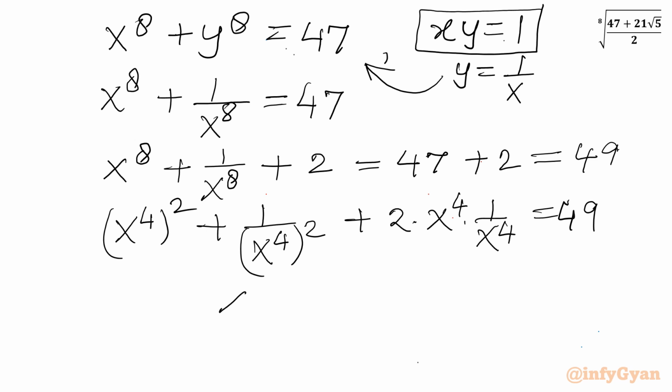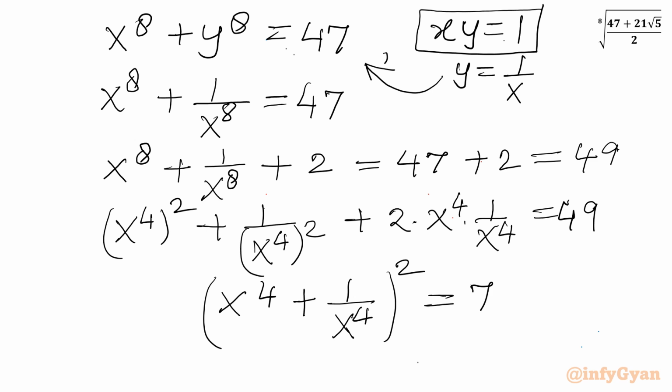So I can write the left hand side as (x^4 + 1/x^4) whole square, and the right hand side as 7 whole square. After taking the square root, we will get x^4 + 1/x^4 equal to plus and minus 7.